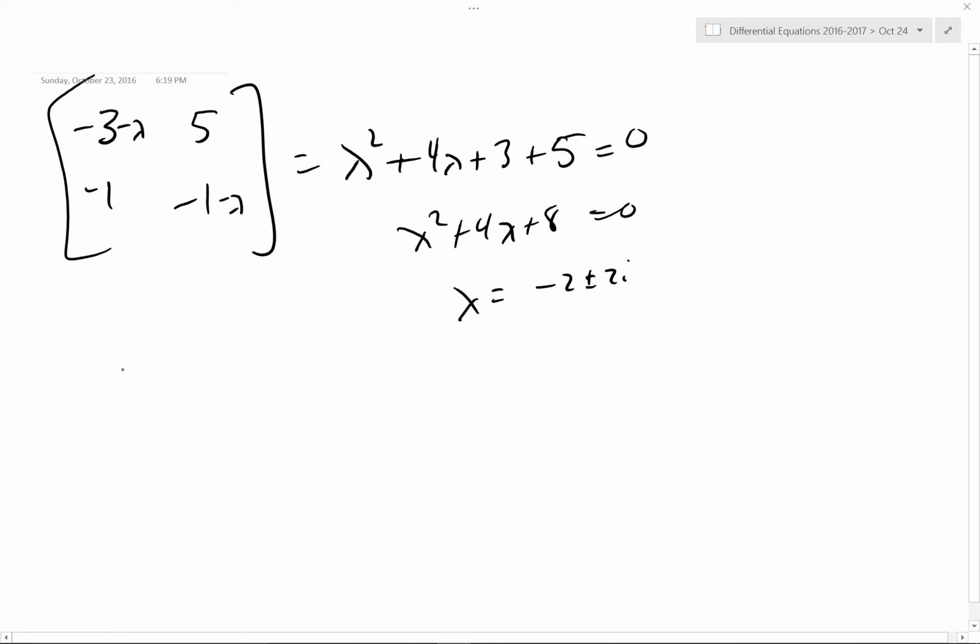Again, if we stick those in, I'm only going to use one of them. I'll use the positive, I guess, because it doesn't really make any difference if you don't screw it up. Actually, I'm going to use the negative one just for fun, because I think it'll turn out a little prettier. But you do what you want to do.